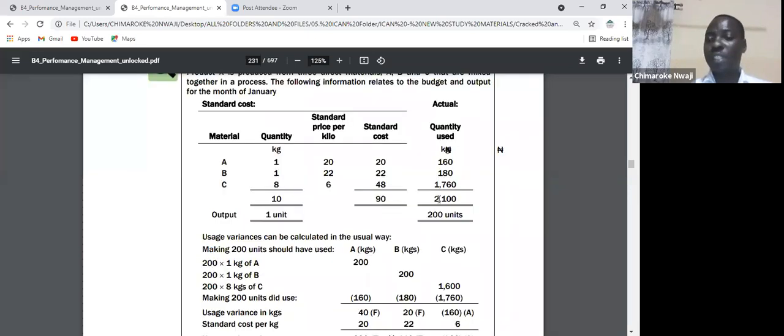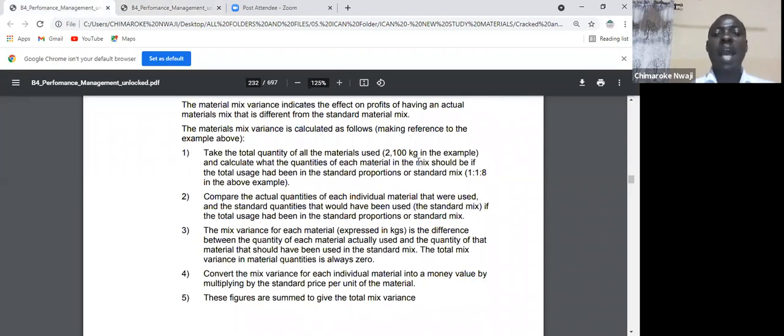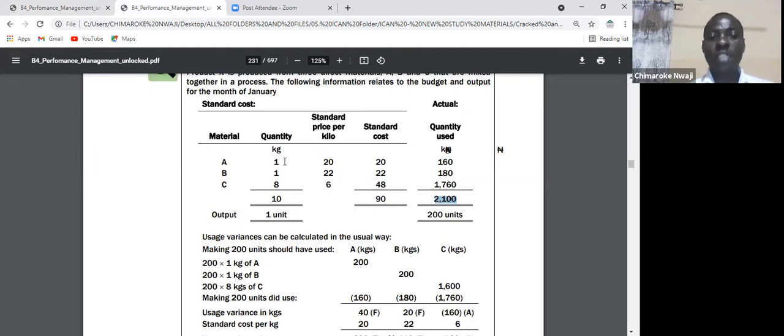Not the total quantity of output of product, no, the total quantity of materials used to make the output. Now, we are going to use 2,100 kilograms in the example and calculate what quantity of each material in the mix should be if the total usage had been in the standard proportion or standard mix. And what I mean here by standard mix is 1 kg to 1 kg.